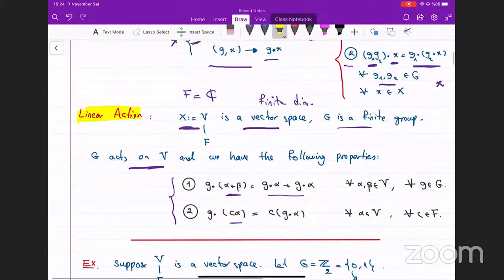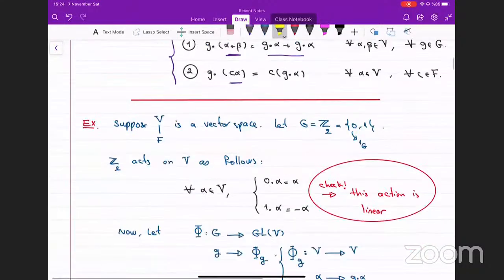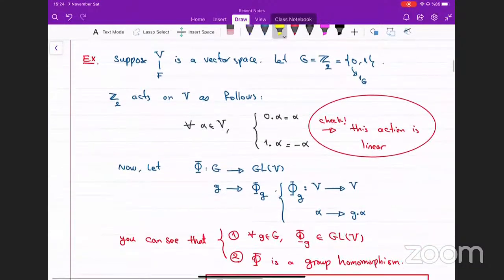As an example, suppose we have a vector space. Again, remember this can be any field, of course, but in my talk, you can consider it always as the field of complex numbers. Now, as a group, I consider the group Z2, the cyclic group of order 2.